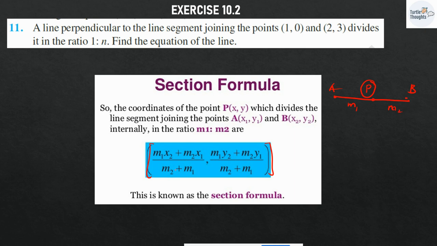Don't get confused with the slope, because even the slope is represented by M. Here it is not the slope, it is the ratio in which the line is divided. Is that clear? Yes, sir.